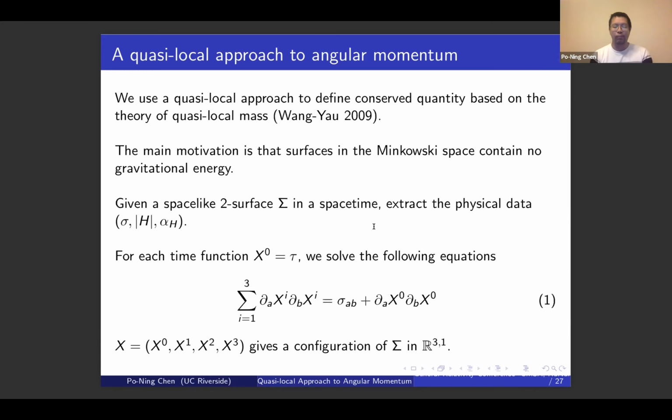Then in order to isometrically embed, you solve the following equation on x1, x2, x3: the sum over i from 1 to 3 of partial A x^i partial B x^i equals sigma AB plus partial A x0 partial B x0. So this would isometrically embed the metric on the right-hand side into R3.